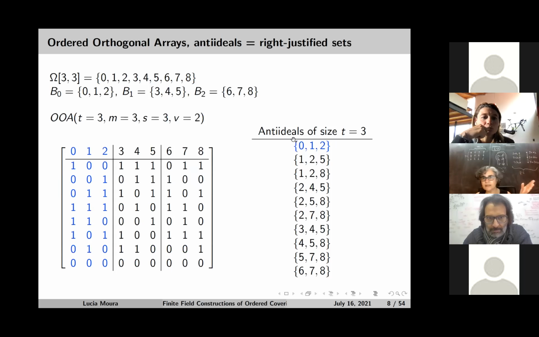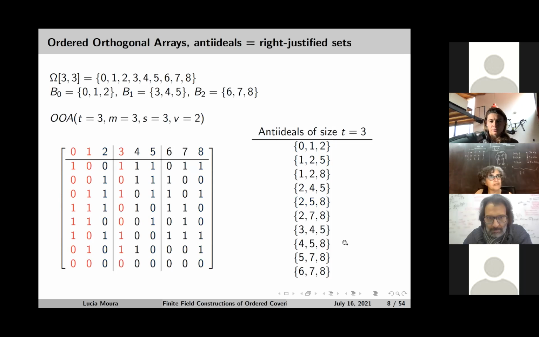There are 8 binary tuples here, and each of them appears. If I pick this type of anti-ideal, I also find every t-tuple. If I pick this type of anti-ideal, I also find every t-tuple. And here are all the anti-ideals of size t equal to 3. If you verify in this matrix, I have this coverage property occurring there.